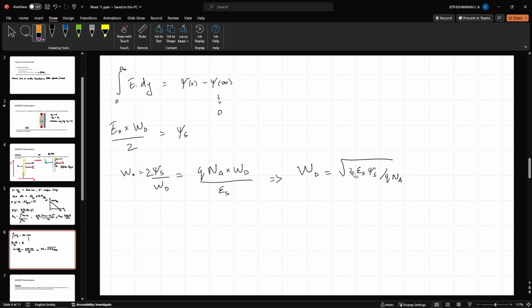Let me write this a bit more neatly. Looks like that thing is out of the square root. So, square root of twice epsilon s psi s. So these s's are different.